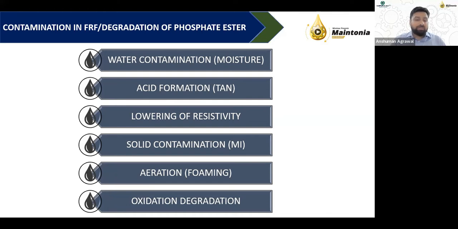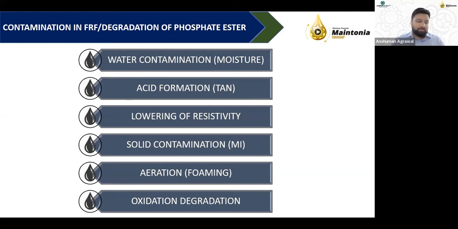So because of the presence of oxygen, the degradation process which happens, that's the oxidation degradation. Again, the byproducts of this degradation are varnish products, sludge products, acid products, and many other byproducts which can accelerate further acid formation, further contaminations inside the fire resistant fluid.